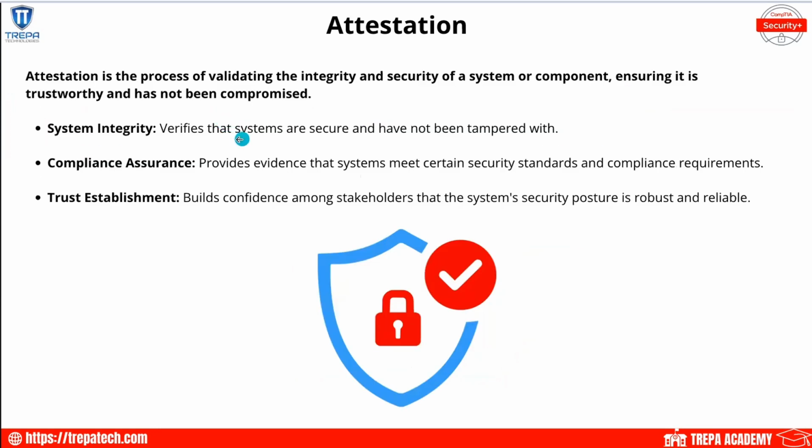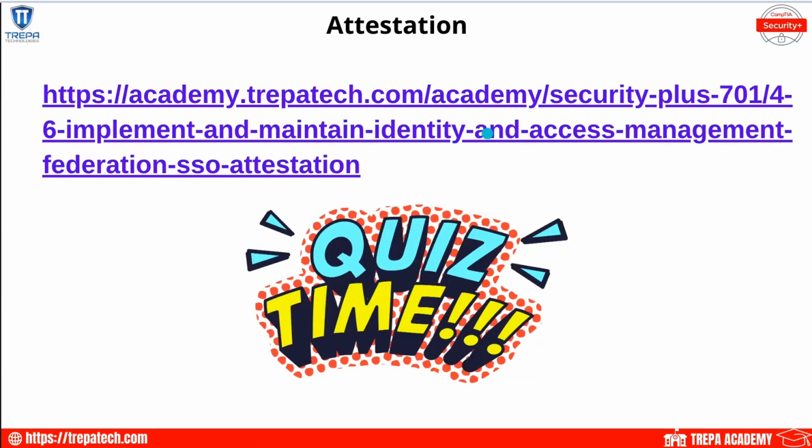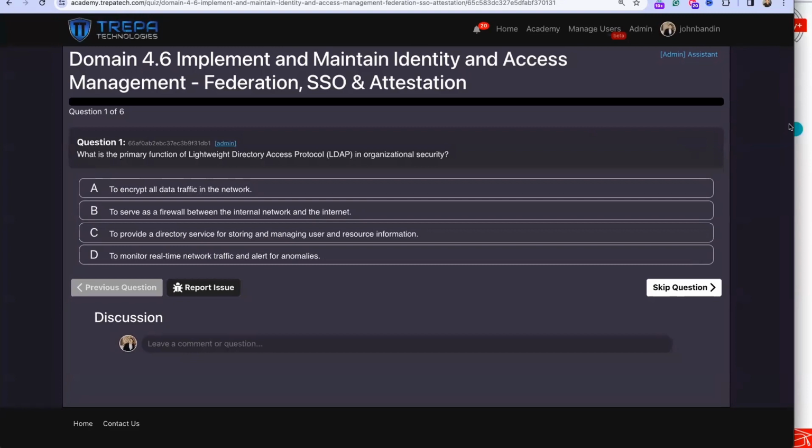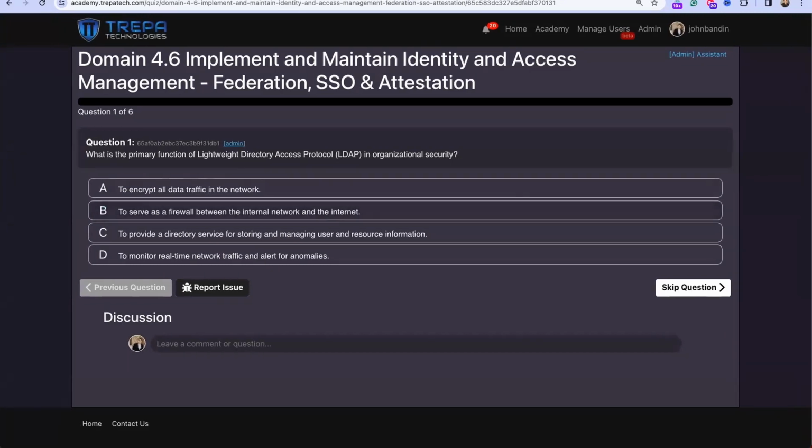Okay, let's go ahead and do our first quiz for domain 4.6. Question 1. What is the primary function of Lightweight Directory Access Protocol in organizational security?